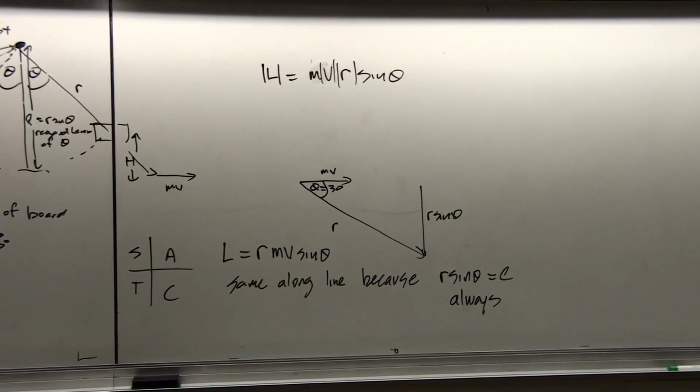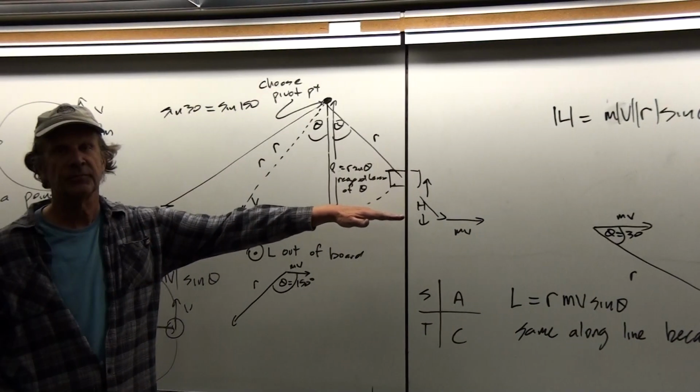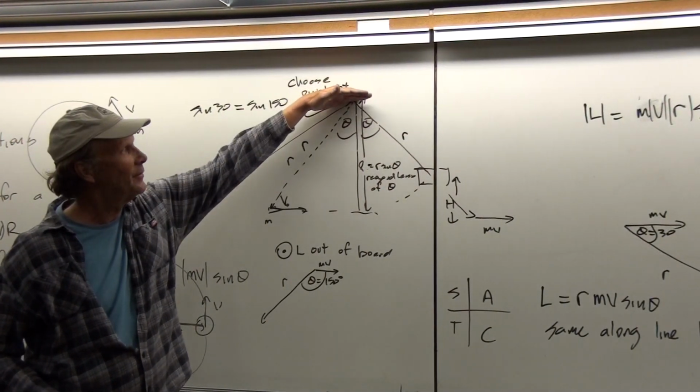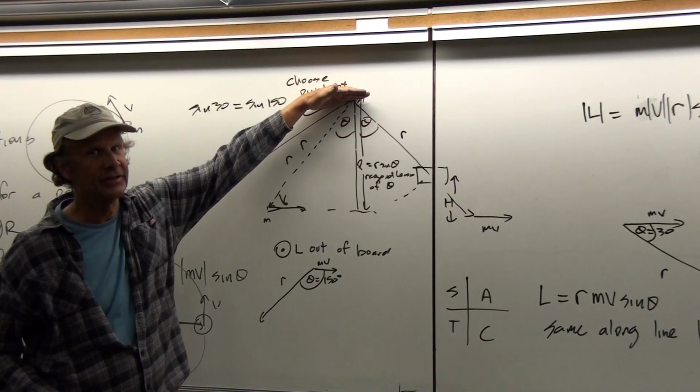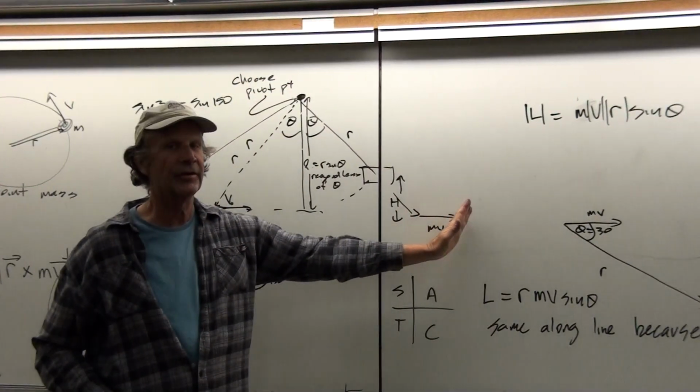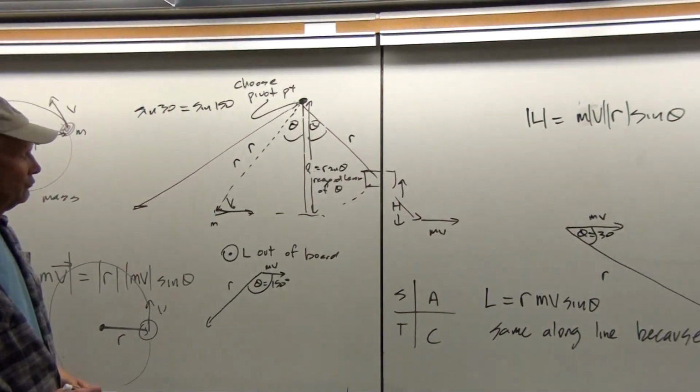And so that means the angular momentum is constant. So that's conservation of angular momentum about some pivot point that we've chosen there. L before equals L after because it hasn't had anywhere for the angular momentum to go.